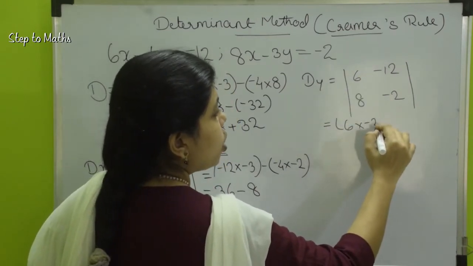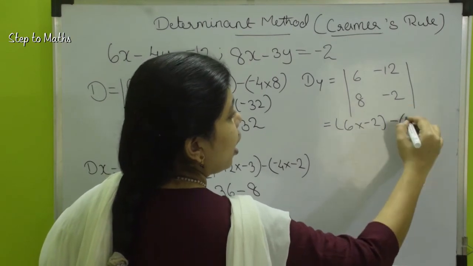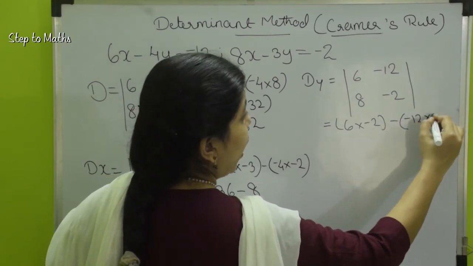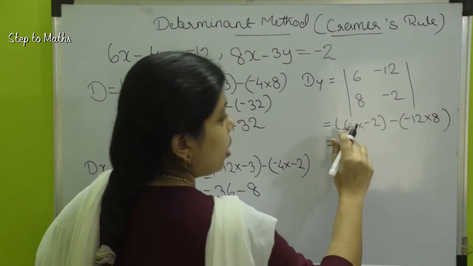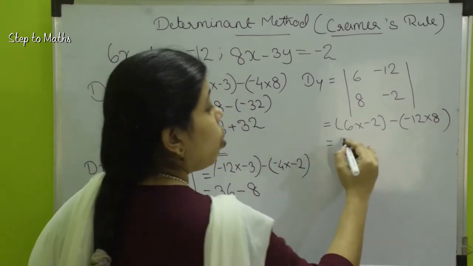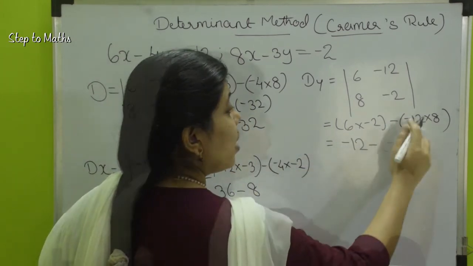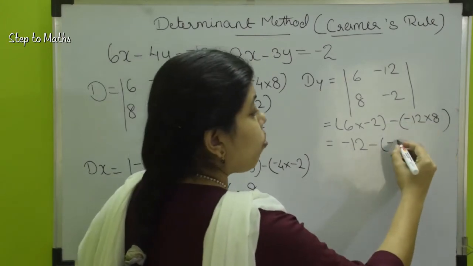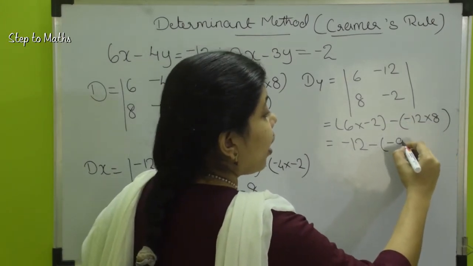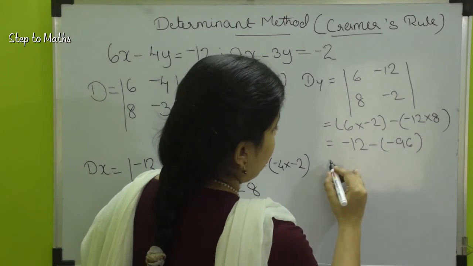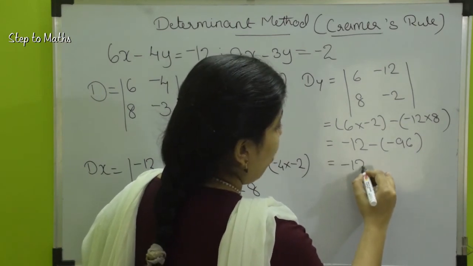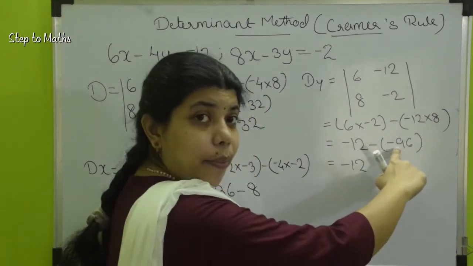6 into -2 minus 12 into 8. 6 into -2 is -12, and 12 into 8 is 96. That is equal to -12 minus 96.